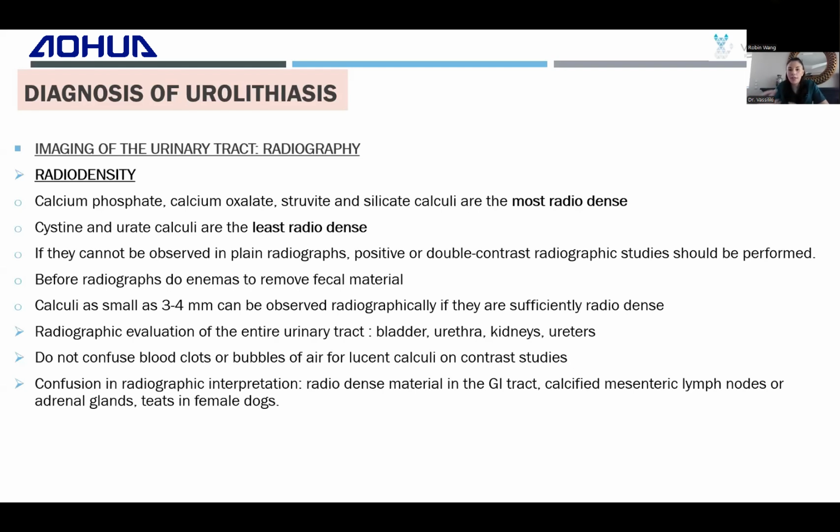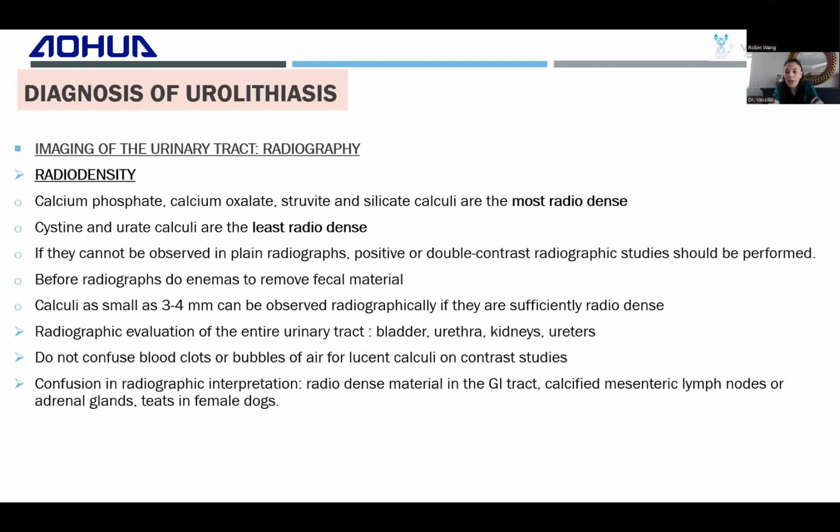So you might shake the animal a bit, especially in the bladder, in order to see if the bubbles are gone or not. The clot will differ a bit from the lucent calculi, but there's always a misinterpretation there, and we should be cautious in what we're saying to the owners.